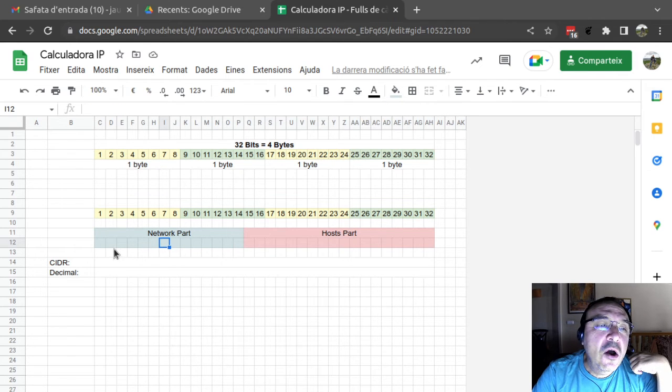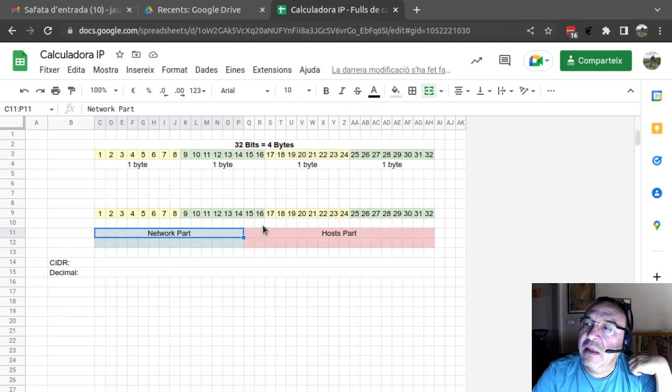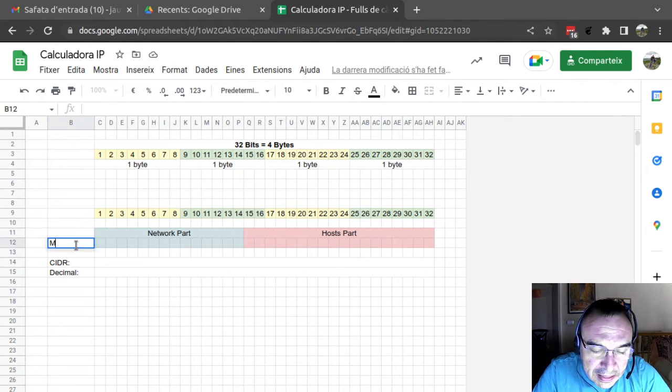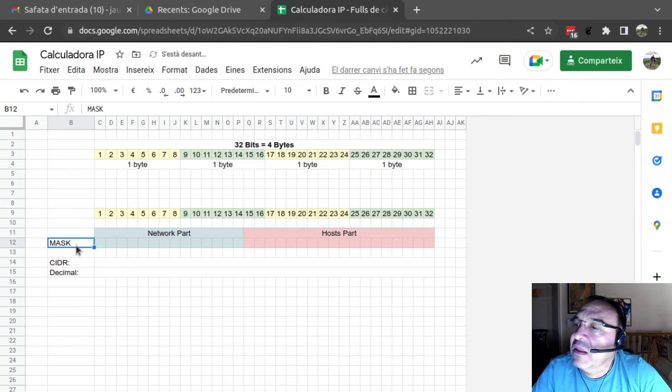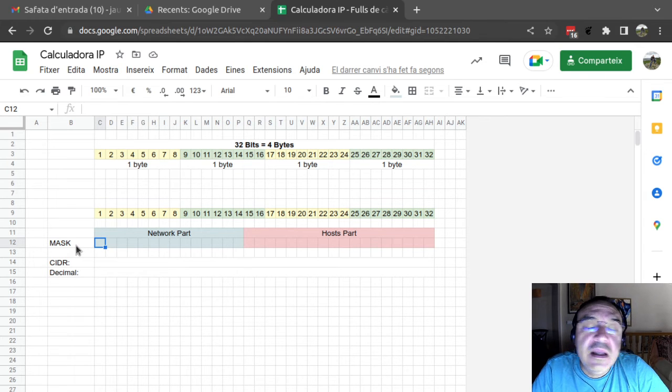So depending on the amount of bits used in the network part, we'll have bigger or smaller networks. And that's the concept of the network mask. The network mask is what defines the size of a network. And how is it done? Just putting ones in all the bits in the network part.